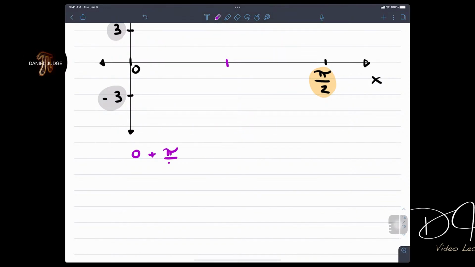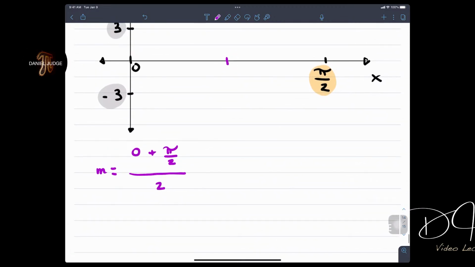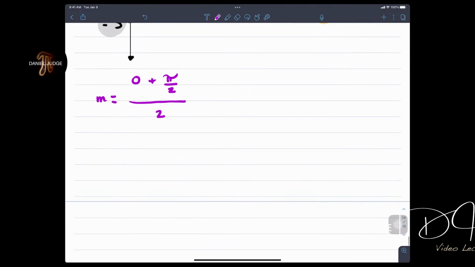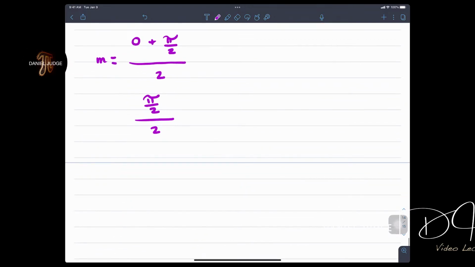The midpoint, halfway between 0 and pi over 2, is really this M value. You add 0 and pi over 2 and you divide by 2. So this is all coming down to your arithmetic skills, and whether you remember how to divide the fraction pi over 2 by the whole number 2.